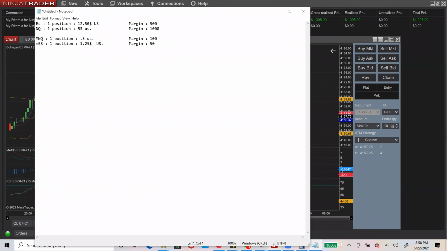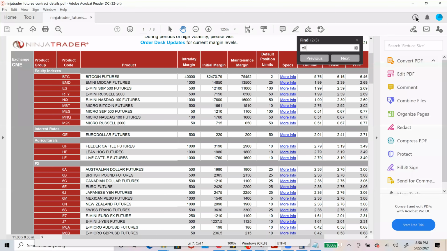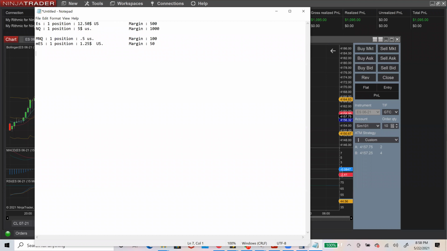Then what is the other one? This is basically what I trade, day in and day out. MYM, one position, I think it's the same as $5 US.